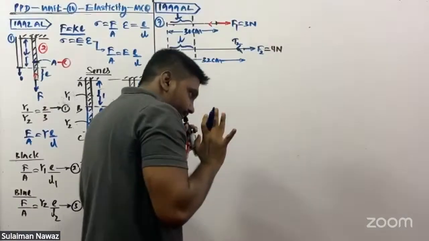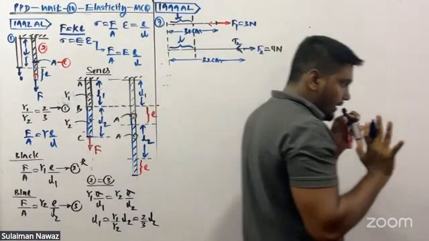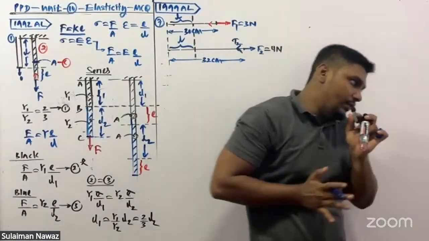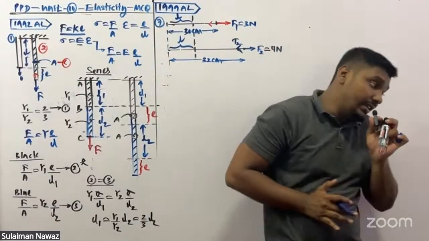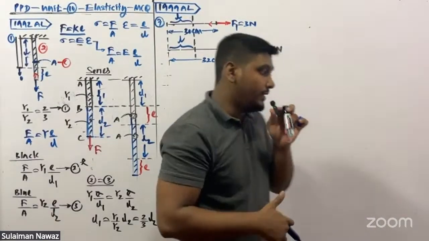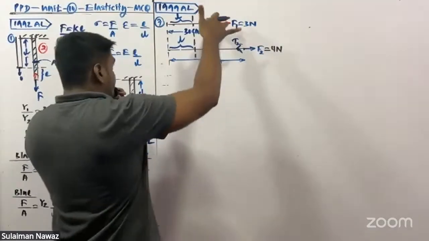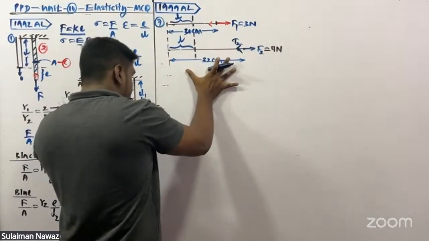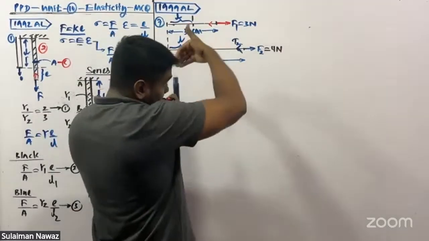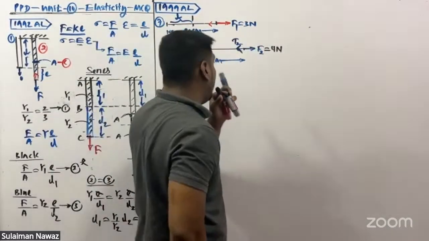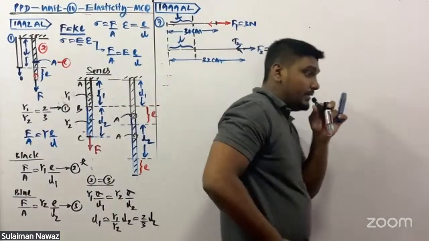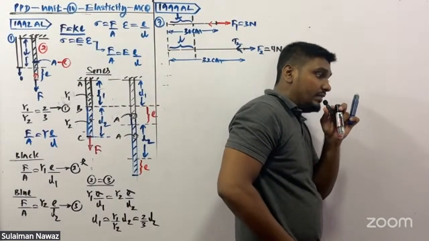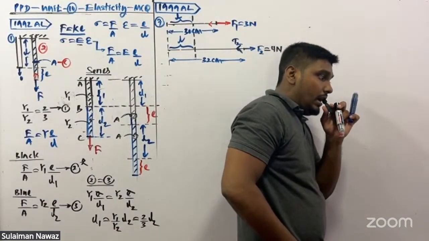In the question we want to find the length of the string when the tension is 7 Newton. When the tension is 3 Newton, the length is 30. When the tension is 4 Newton, the length is 32. When the force is 7 Newton, what will be the length of the string?